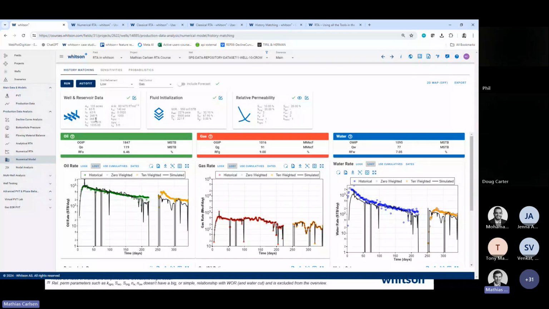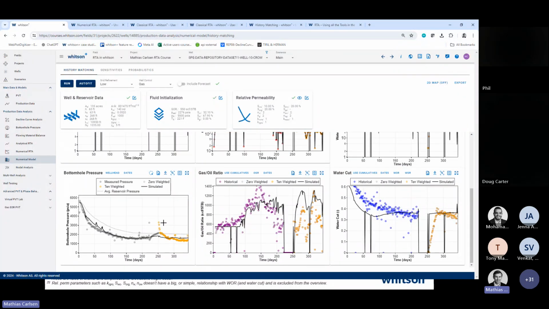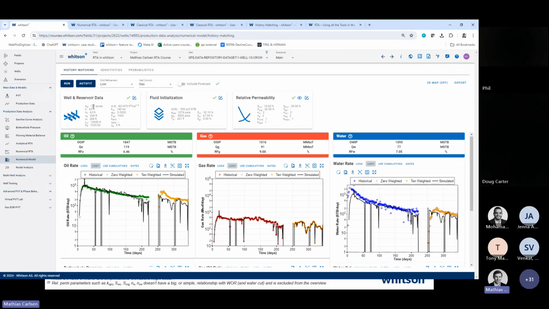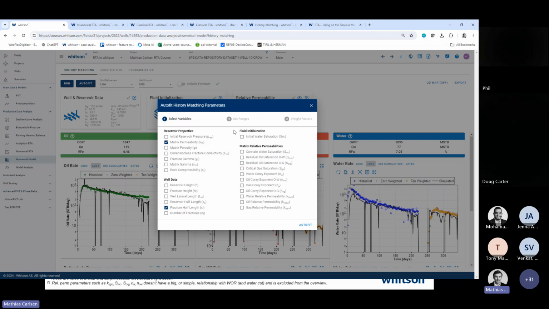So in this case, it looks like it found some kind of minimum inside of that feature on the control, and then that's what it's going to try to do. So this will be like, okay, I don't want to do RTA, I don't want to do analytical, numerical, or whatnot. I just would like to go in and autofit from the get-go. That could be an option to use right there.